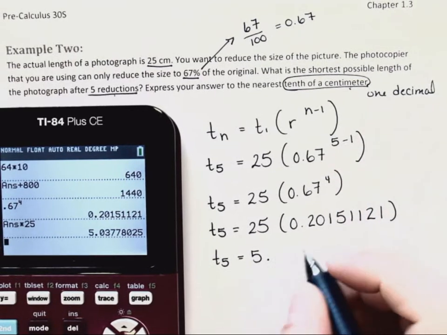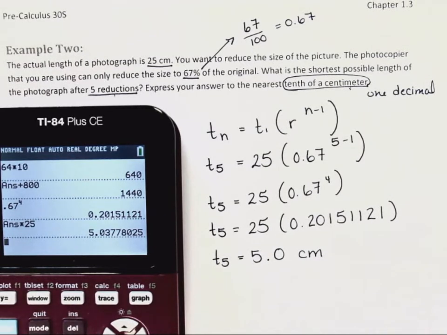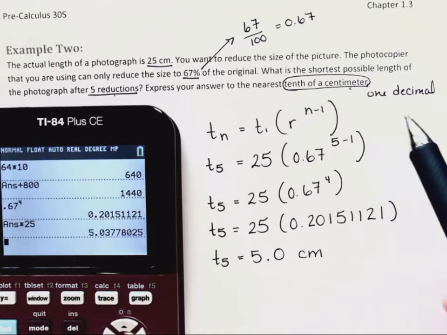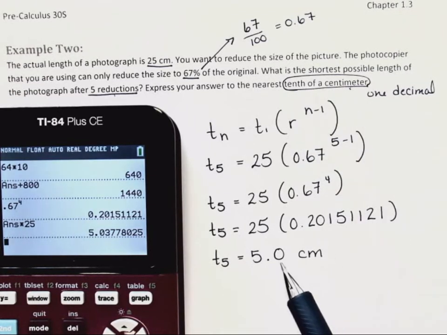So that's going to be 5.0 centimeters. And you're going to say, Scallion, do I need to put 0.0? That's redundant. I don't need to put it. But yes, you do, because it specifically said 1/10 of a centimeter. So you need to have something in the tenths place value. And if that's a 0, that's okay.